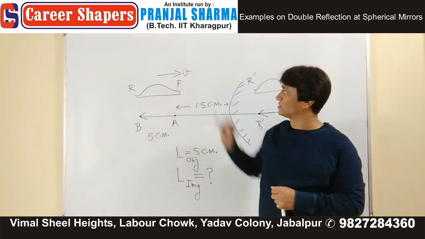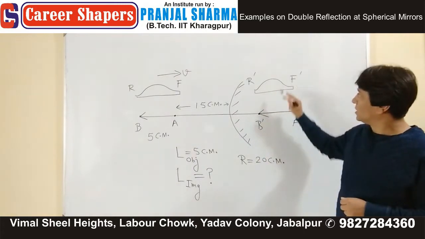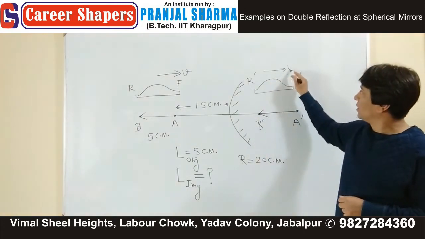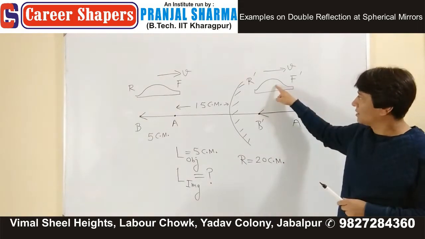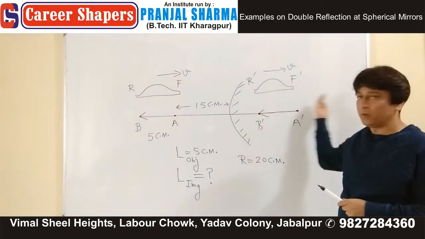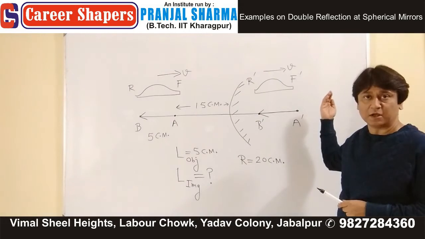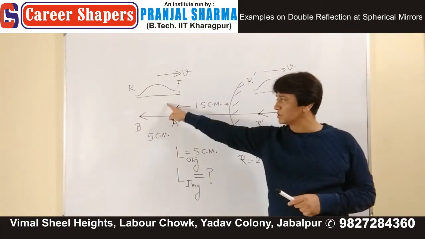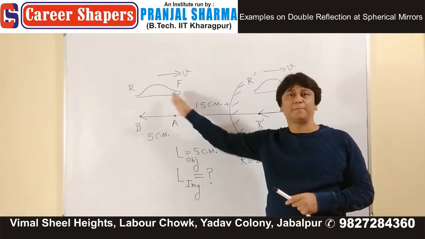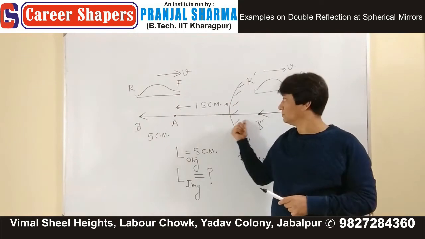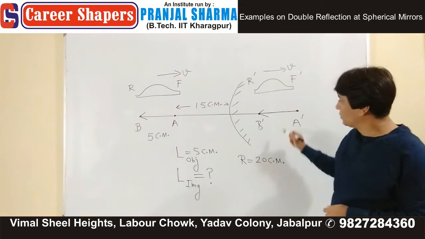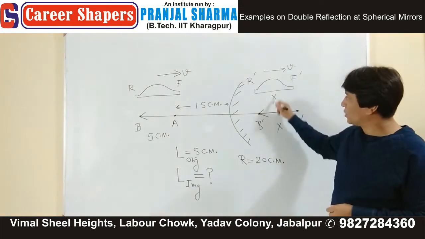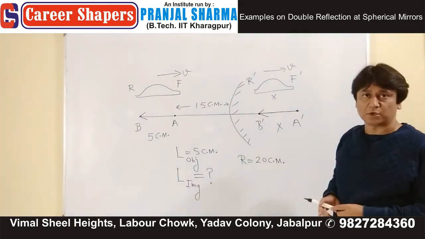This is the velocity. That means the car is moving away from the mirror, whereas this car is approaching your convex mirror. Therefore, this type of orientation is not possible.